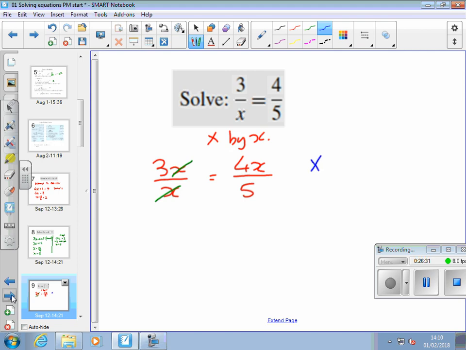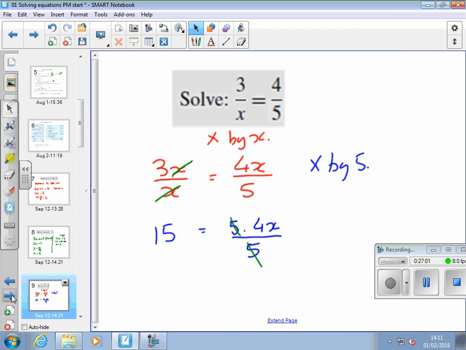So 15 is equal to, and we'll write it separately, 5 times 4x over 5. Those two cancel.